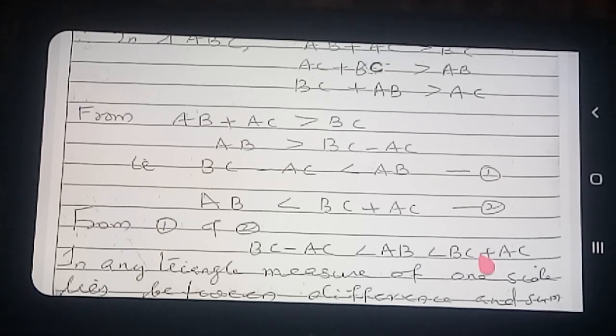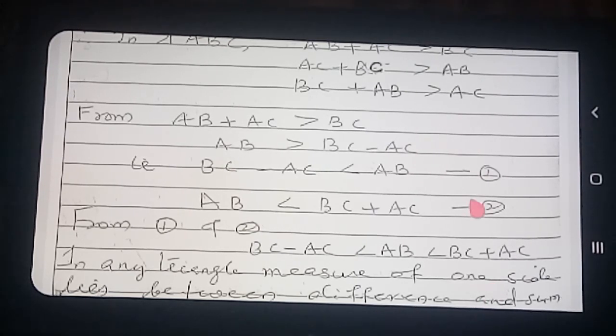The meaning is that in any triangle, any one side, here I have taken AB, always lies between the difference and sum of the remaining two sides. One side of a triangle always lies between the difference and the sum of the remaining two sides. Very important topic.